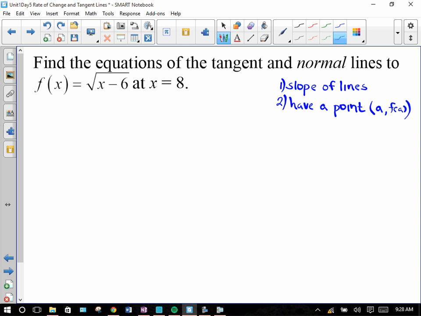So our goal right here is we're going to want to find the equations of the tangent and normal lines to f of x equals the square root of x minus 6 at x equals 8. Okay? So, what's the first thing that we want to do here? Find the slope. Alright?